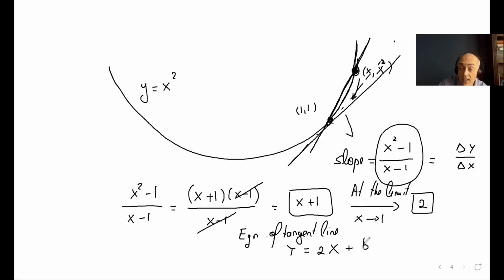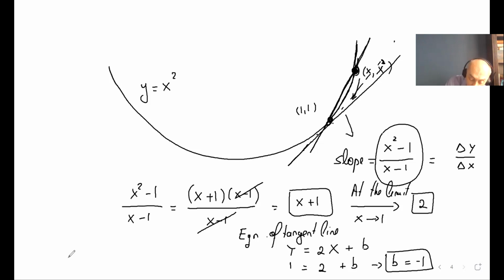We can find the y-intercept by asking that the line goes through the point 1, comma 1, because it's the tangent line at the point 1, comma 1. So 1 will be equal to 2 times 1 plus b, and b will end up being -1.